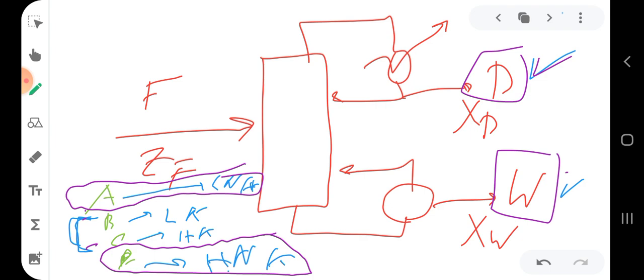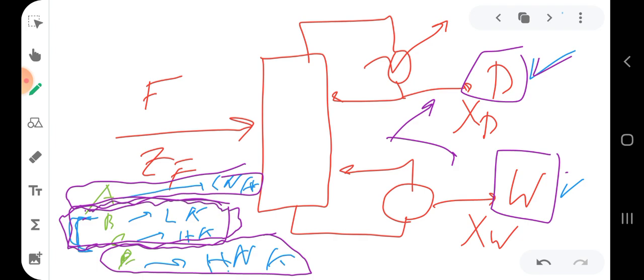Then based on this assumption, the light key and heavy key will be distributed in both the distillate and the waste. It is like we are referring back to the binary mixture, as a part of the multi-component mixture.